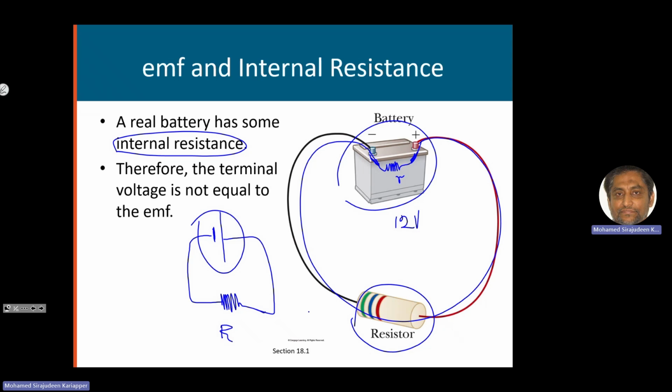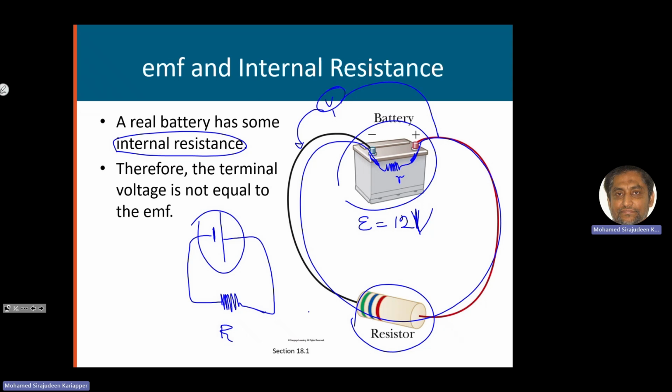Then what happens? You may say this battery EMF is 12 volts, right? But if you take a voltmeter and check the voltage when it is connected to this resistor, you will measure it to be not 12 volts, something less.